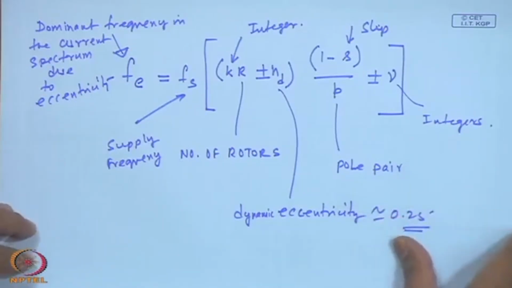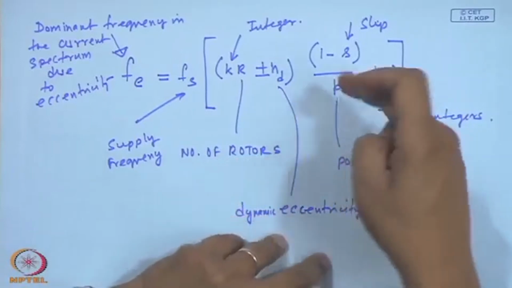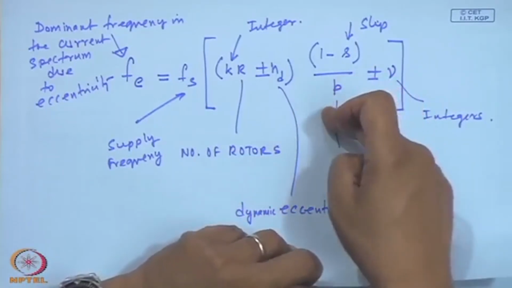I can see this in the spectrum. I will give you another, and this could be because of static eccentricity, because of dynamic eccentricity.